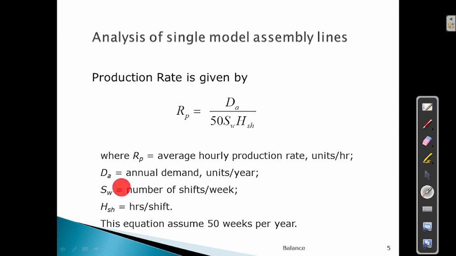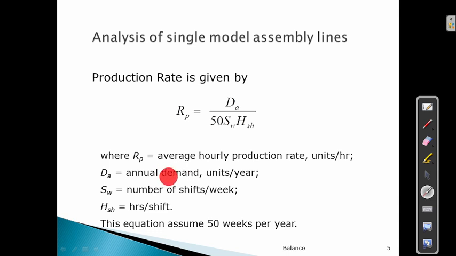DA is equal to annual demand with the unit of units per year. SW is equal to number of shifts per week. HSH is equal to hours per shift. This equation is assumed for 50 weeks per year.